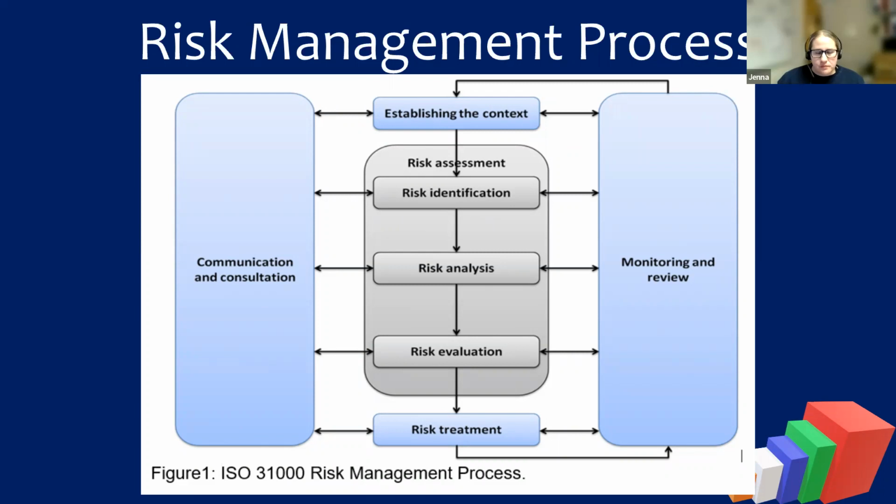When we talk about the risk management process, this middle section encompasses a risk assessment: risk identification, risk analysis, risk evaluation, what we're going to do to treat the risk, and communication with the people who are going to be able to help mitigate or eliminate it, if that is possible.